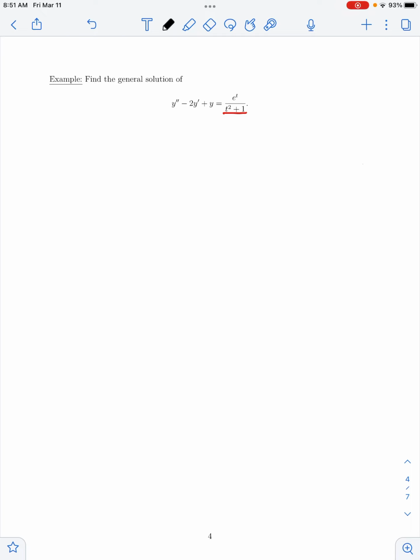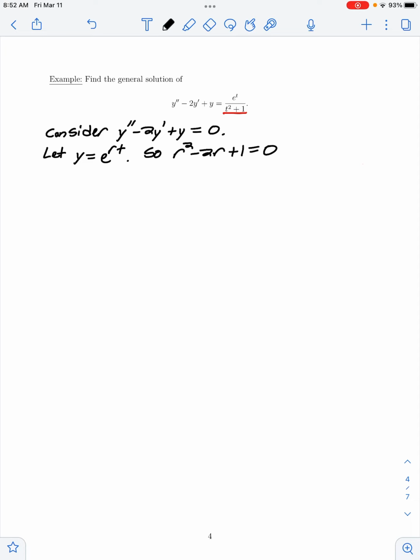Now, our first step in solving any non-homogeneous equation is to consider the homogeneous equation. So here let us consider y double prime minus 2y prime plus y equals 0, which we could solve by considering solutions of the exponential form y equals e to the rt, so that r is a root of the characteristic equation, r squared minus 2r plus 1 equals 0, which factors as (r minus 1) squared.